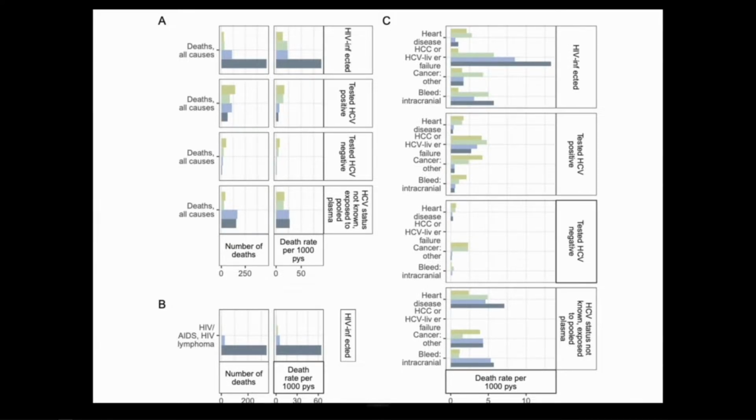For also hepatocellular carcinoma, I beg your pardon, and HCV-related liver failure, because again, the HIV-infected persons were co-infected with hepatitis C. And whereas for those who tested hepatitis C positive, you'll see the blue lines being lower in terms of death rates per 1,000 person years for hepatocellular carcinoma and liver failure, but gradually increasing over time with the longer exposure to that infection for those who tested antibody positive.